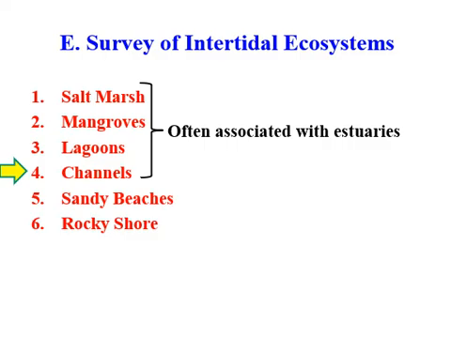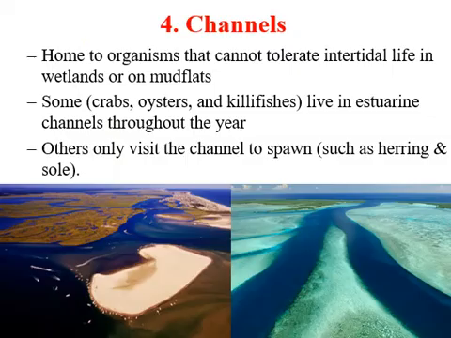An intertidal ecosystem that's similar in a lot of ways to a lagoon is channels. There are a number of channels. Most of these channels, not all of them, have an association with a river. This river might not come into a body of water that's separated from the ocean and form a proper estuary.